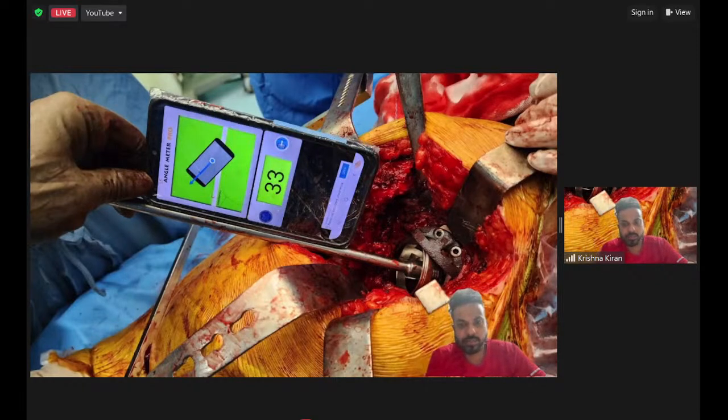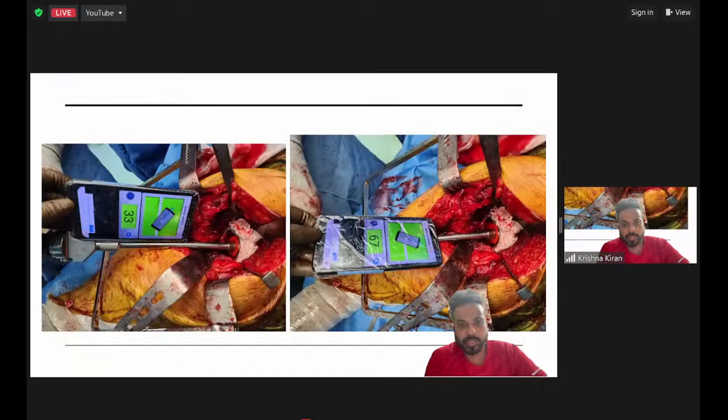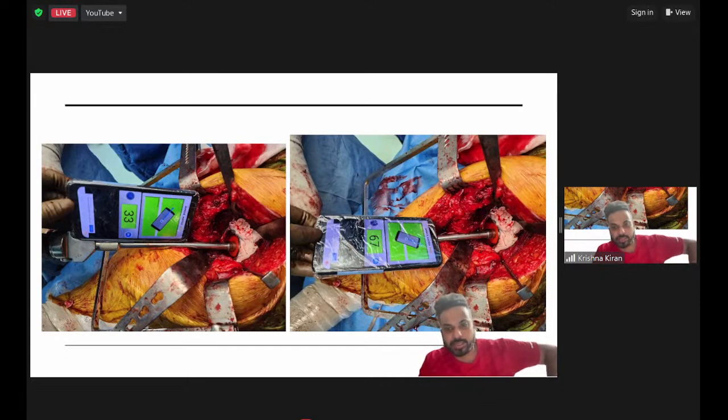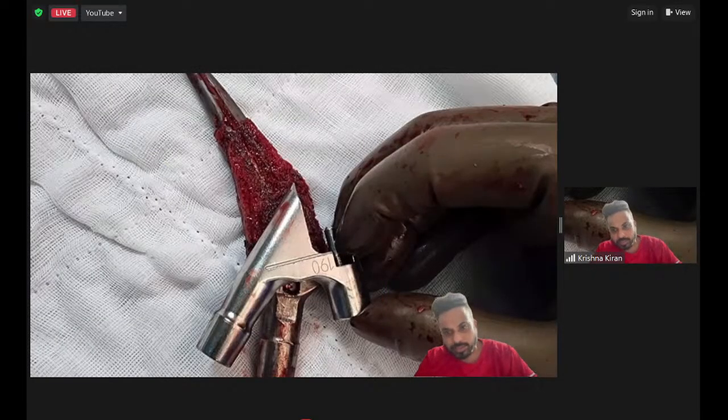Then we fixed that augment to the cage with 2 screws and cemented a dual mobility liner in around 33 degrees of intraoperative inclination and then 20 degrees of anteversion. And then we changed the stem as well. So we did a limited slot femoral osteotomy.